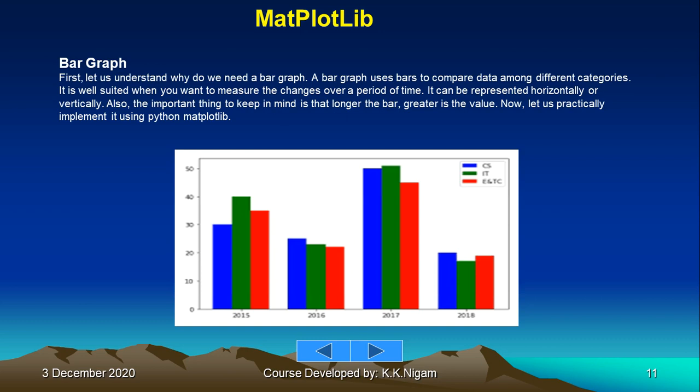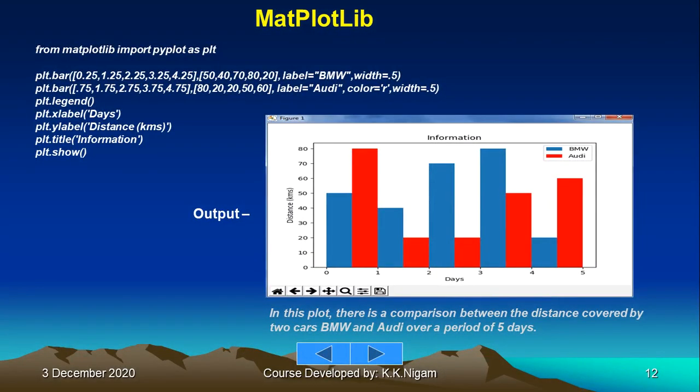Now let's practically implement it using Python Matplotlib. So if you want to have a plot like this, again you can write this kind of a code. From Matplotlib import pyplot plt bar, and again you can give all those data points. Then a label you can give as BMW, width 0.5.